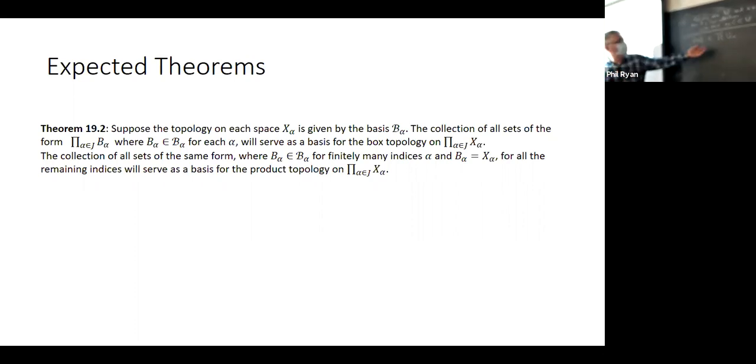So if we're in the box topology, then all the U alphas can be different for all things, but if it's in the product topology, then it's only going to be different in finitely many places. So we're not going to use the difference between the box topology and the product topology. This is why this thing works for both.